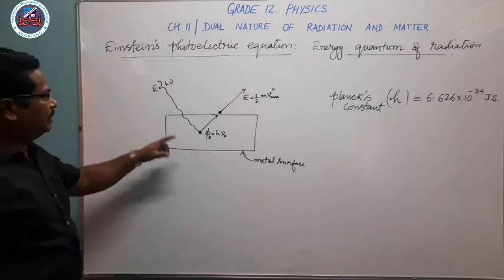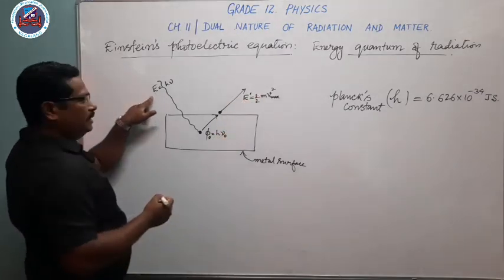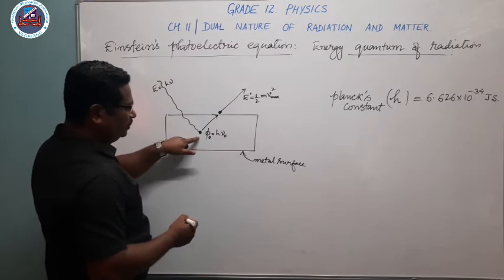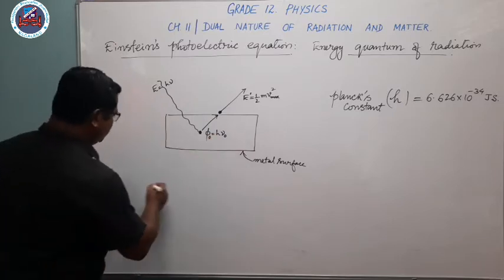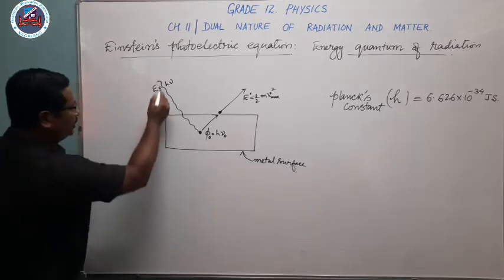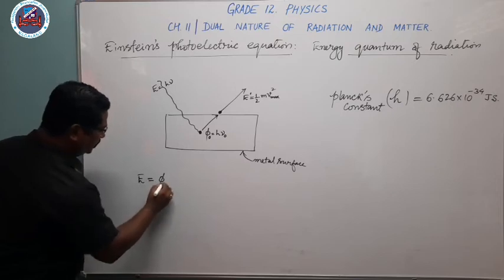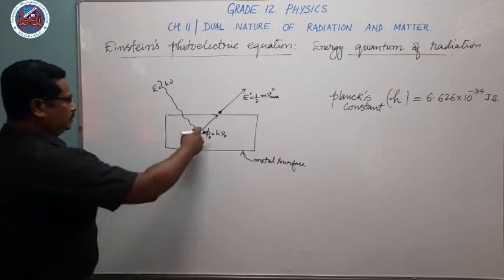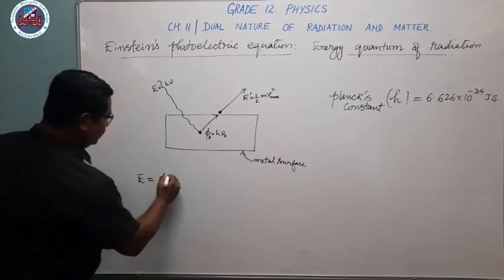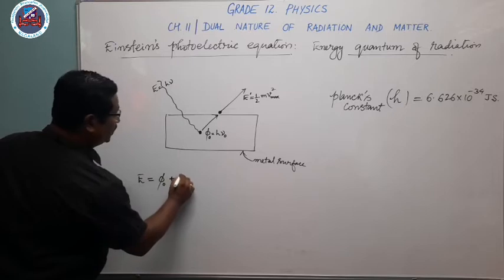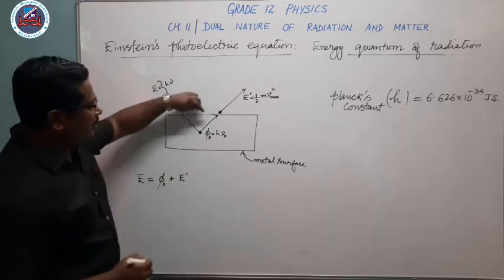To sum up, the total energy provided by the photon to the electron on striking the metal surface, E, that is equal to h nu, is equal to the sum of the work function phi naught, to overcome the surface barrier and come out of the metal surface, plus the maximum kinetic energy that is provided to the electron.